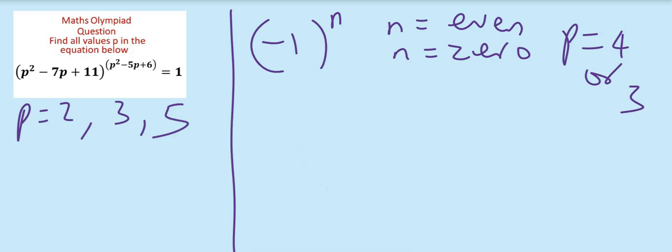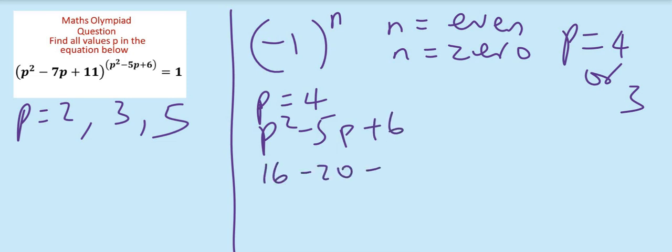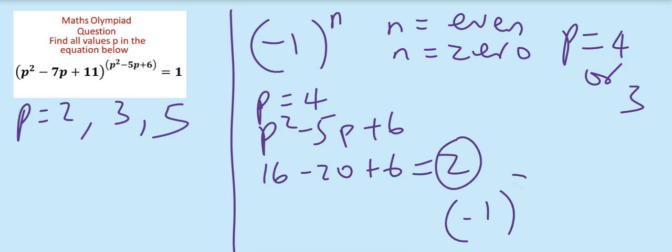I'll put p equal 4 in p squared minus 5p plus 6. So 4 squared is 16, minus 20 plus 6. This gives 2. So this is even, which implies that minus 1 to the power of 2 is 1, which implies that p equal 4 is one of the values of p that satisfy this.